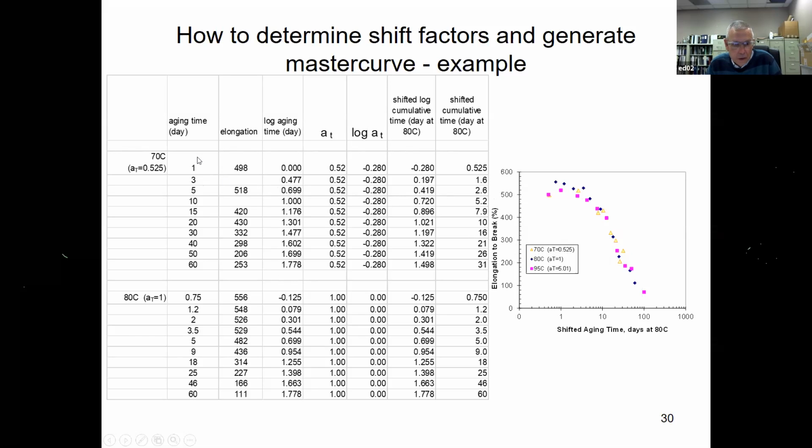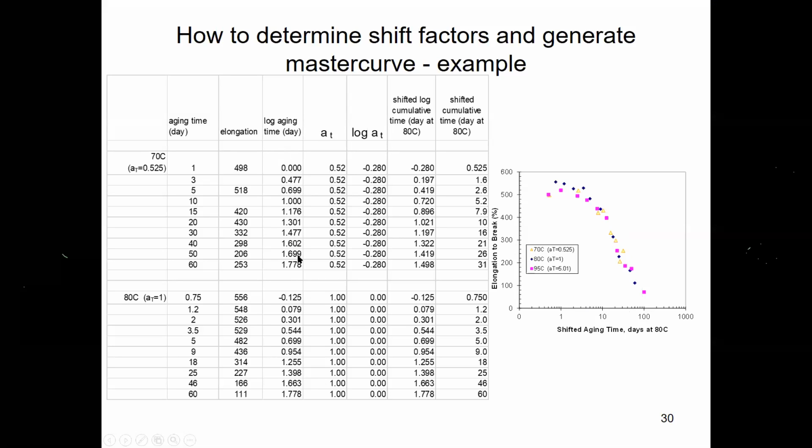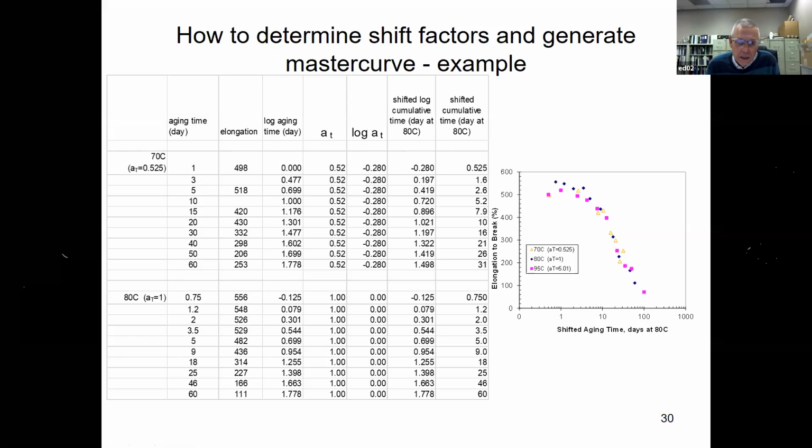So we're transforming these times into these times. The way we do it is by adding logs together rather than multiplying. In the fourth column, what does the AT signify? That's a shift factor.